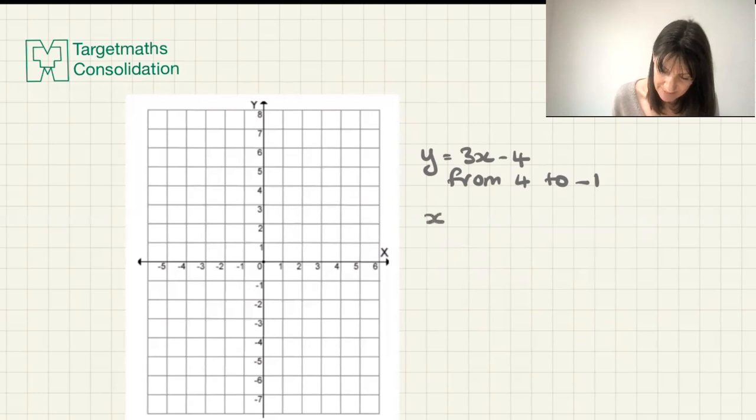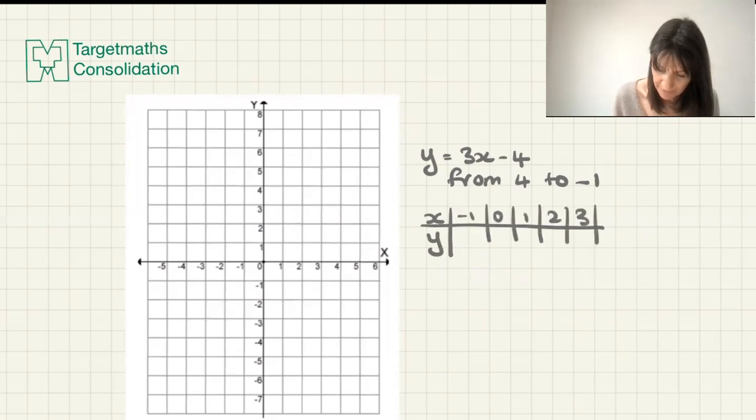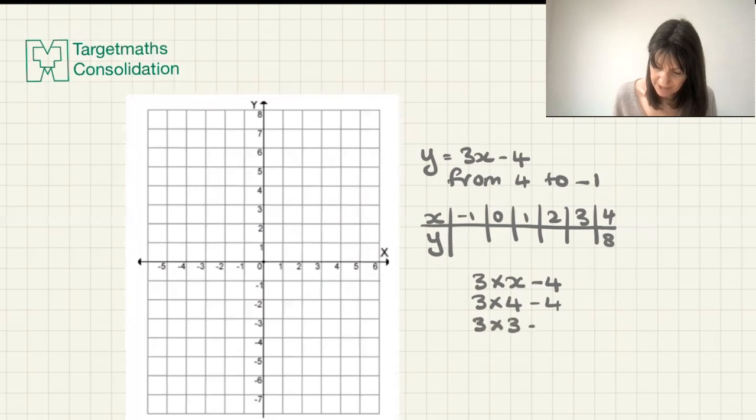Okay, so I need my table. And we're going -1, 0, 1, 2, 3, 4. My rule is 3 times x minus 4. So 3 times 4 minus 4. 3 4s are 12, take 4 is 8. Now I'm going to put 3 in. 3 times 3 is 9.